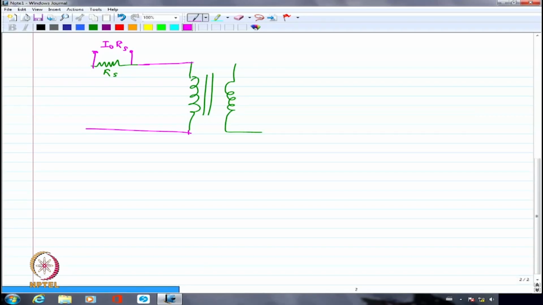Because I will not be able to segregate the two components of current, physically or experimentally. I can do it theoretically, but I cannot do it actually physically or experimentally. So what I am assuming is the no load current that is passing through the transformer is the same as the magnetizing current. Approximation. That's what I am doing. Now, this voltage drop I0 times RS will tell me what is actually the magnetizing current quantity.